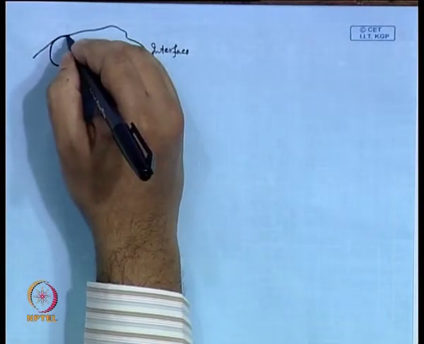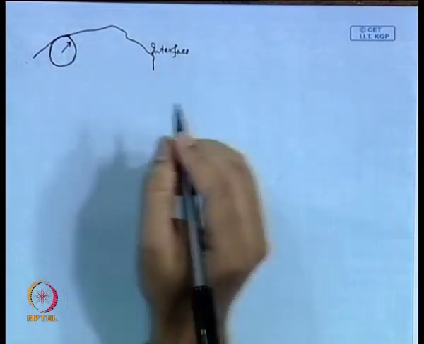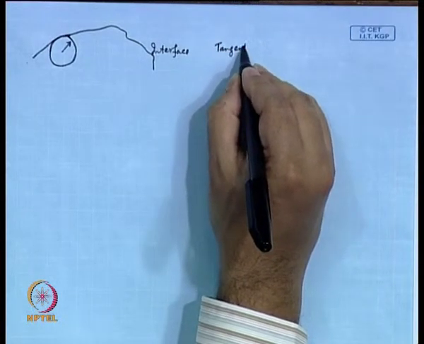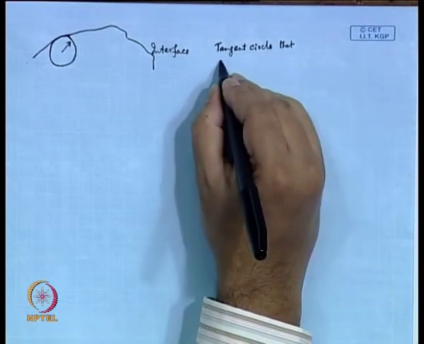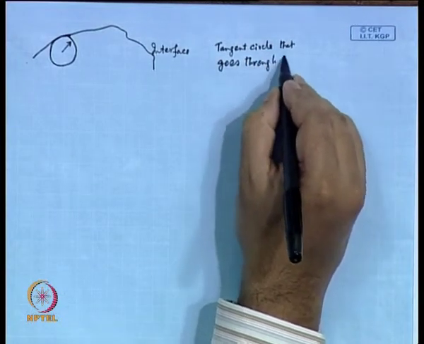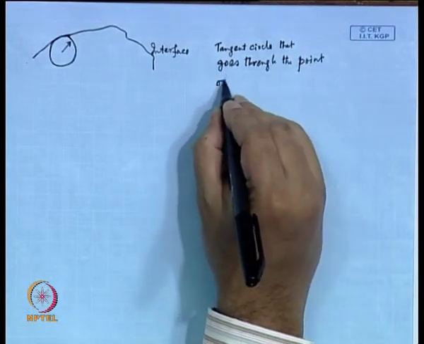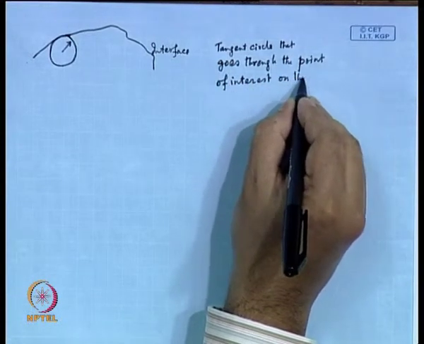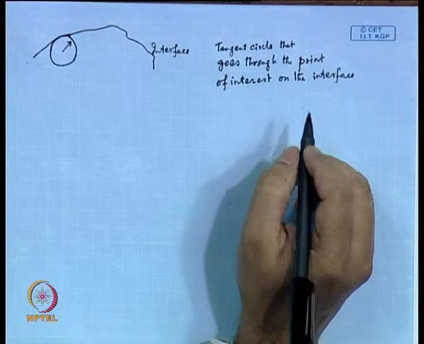And what would be that curvature? Suppose this is the interface, then in that case you can draw something called a tangent circle that goes through the point of interest on the interface. Okay.